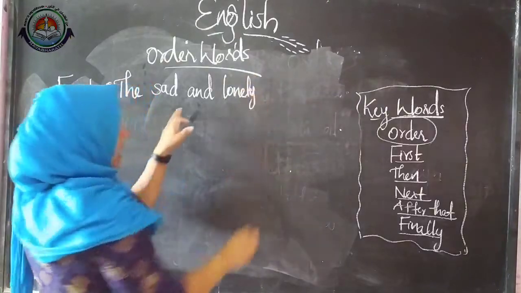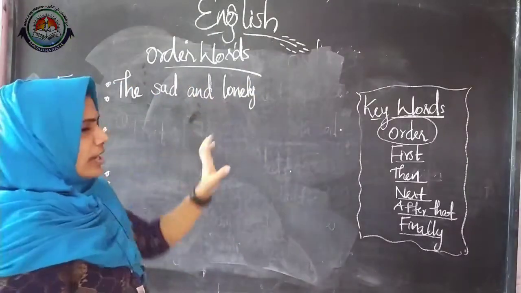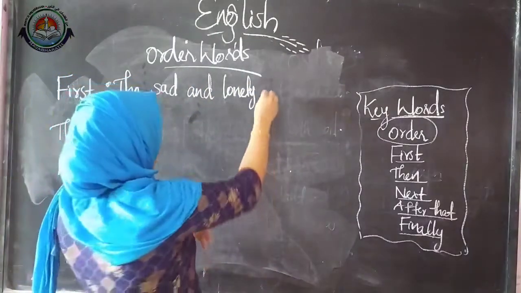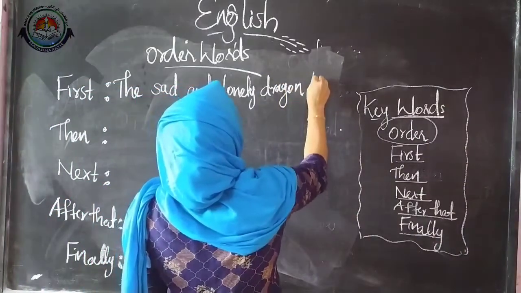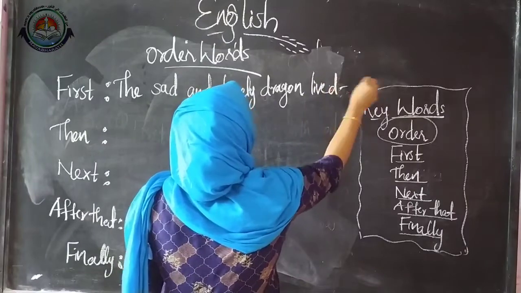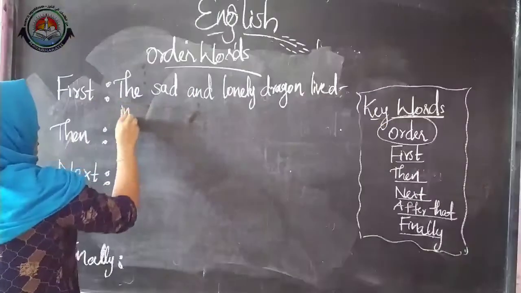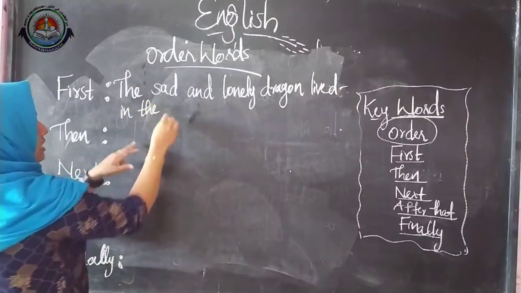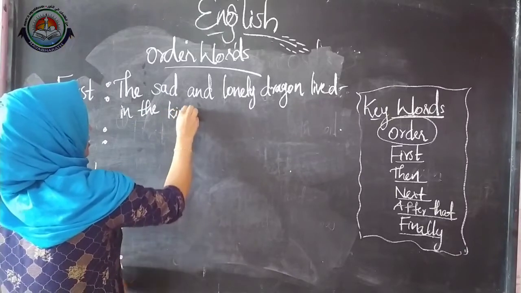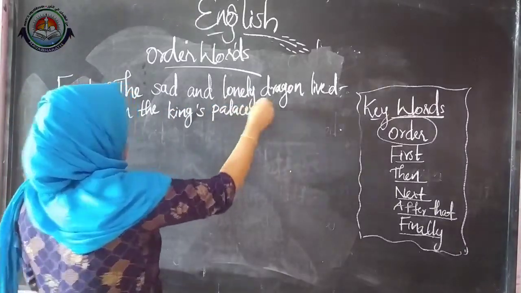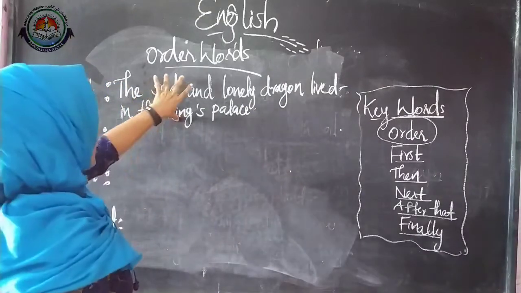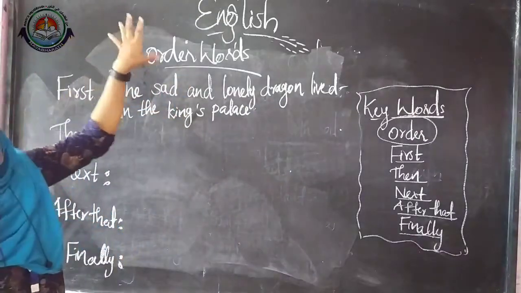Lonely means alone. The sad and lonely dragon who lived where? Yes, it lived in the king's palace. Right. So this is how we can write about the first.